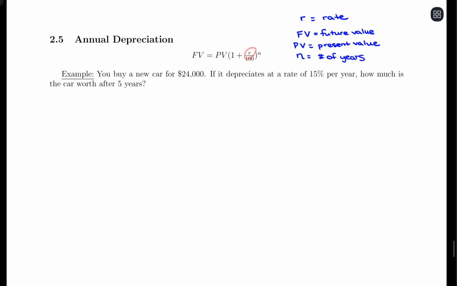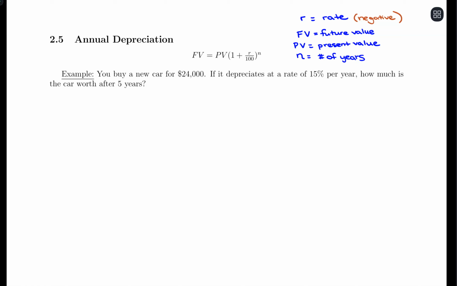Another thing that's going to happen here is because this is depreciation, since our account is decreasing, when we plug in R, it should be negative. If we had something that was appreciating, which would be increasing, then that rate is positive. If it's depreciating, then it's decreasing, and that's going to have a negative rate.